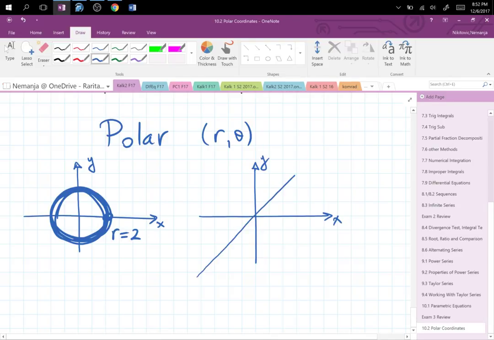If I draw a 45-degree line, this is simply theta equals pi over 4. Note that if I pin theta, it's going to go through the origin and take the angle of whatever that angle is. So I can have pi over 6, pi, any angle, 1 degree, 17 degrees, whatever.